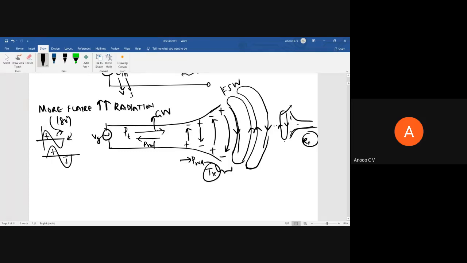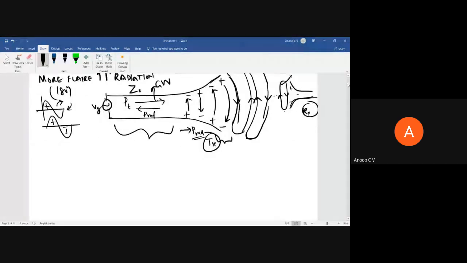If you can make this antenna impedance exactly the same as the characteristic impedance of the transmission line, then the entire PT can be transmitted. That is another thing. But now there will be part of the energy stored in this resonator, if it is a lossless transmission line. Part of the energy is stored in this resonator, and the remaining part is radiated. So with this idea, I can come up with an equivalent circuit representation of the antenna.